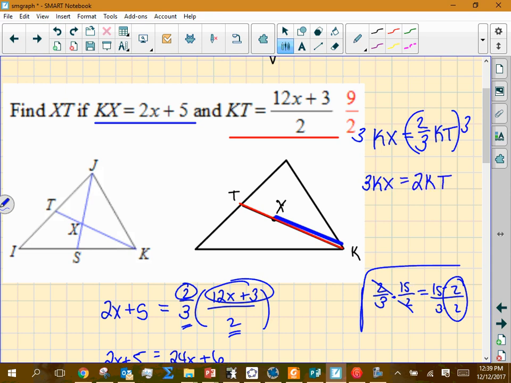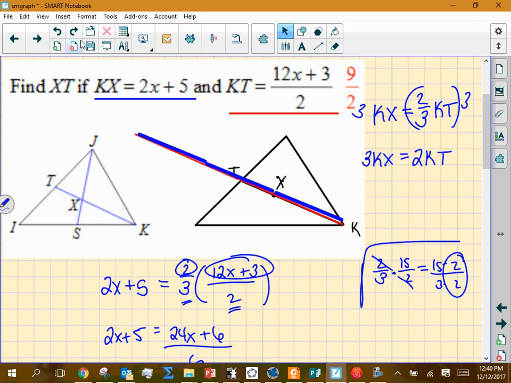Does that make sense? Now think about why that works. What we're doing there is we're saying 3kx equals 2kt. So I can take this kt, and if I put it end to end, I should be able to take 3 of these blue ones and put them end to end, and I should still get the same segment. Does that make sense? So you can do it that way.